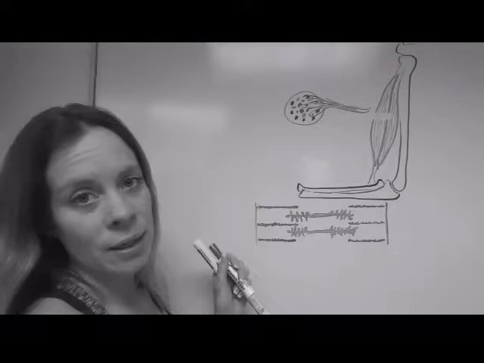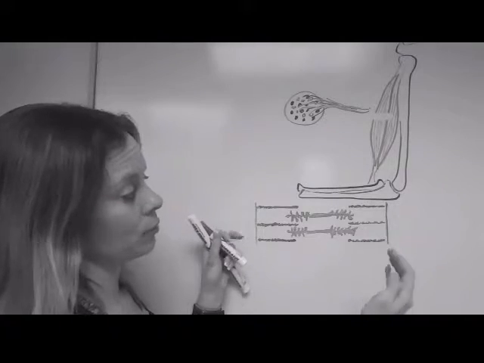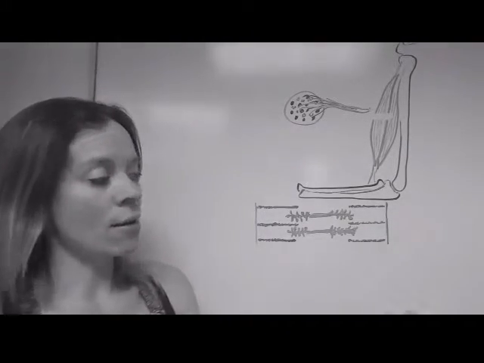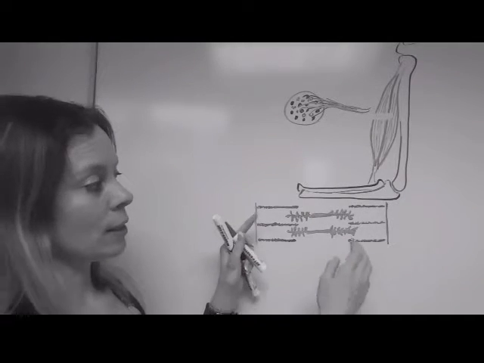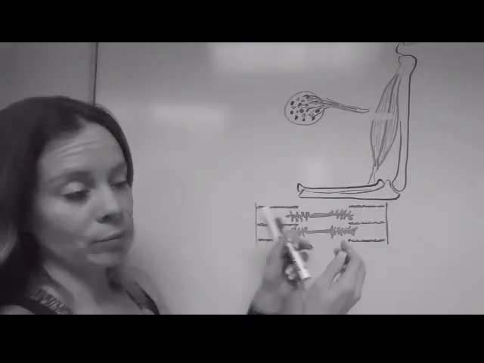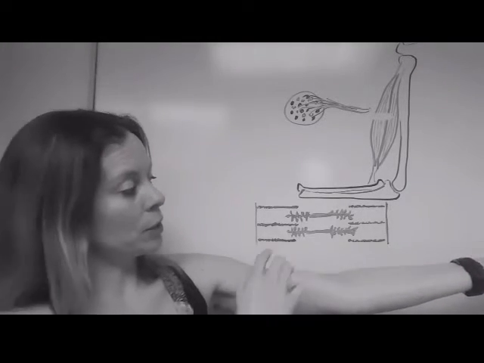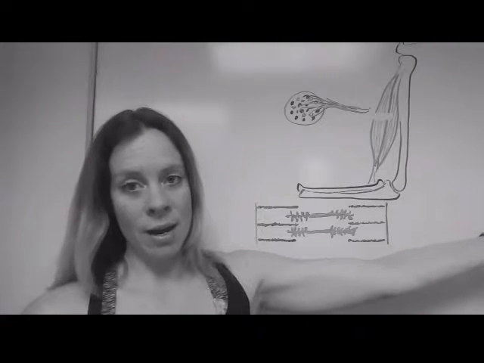What it does is it grabs on to the other contractile tissue, actin. So when you are contracting your muscle, your myosin is going to grab onto the actin. Right now, let's pretend that this picture here is my bicep. It's relaxed.